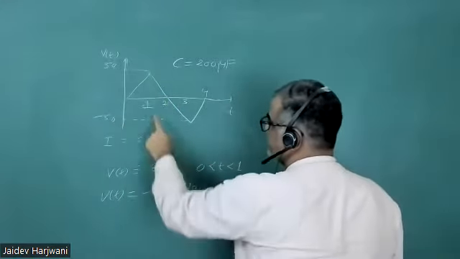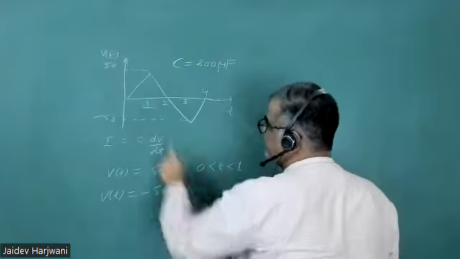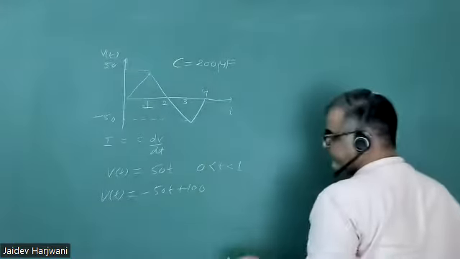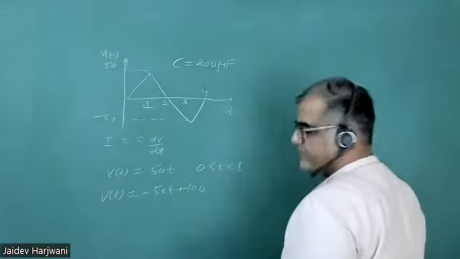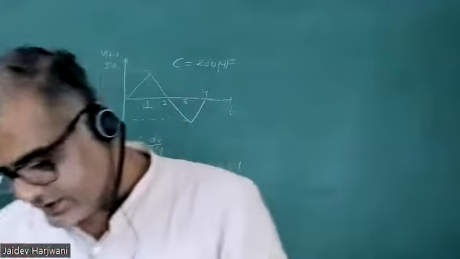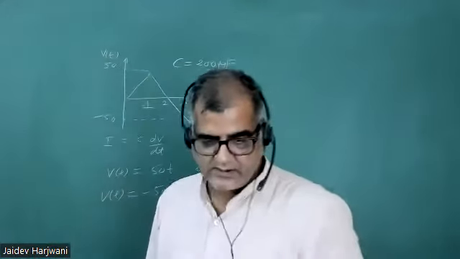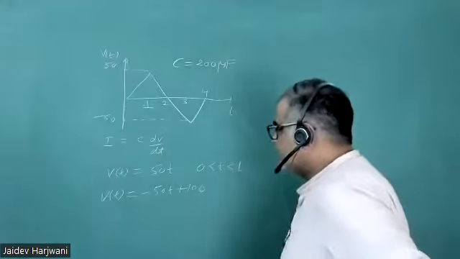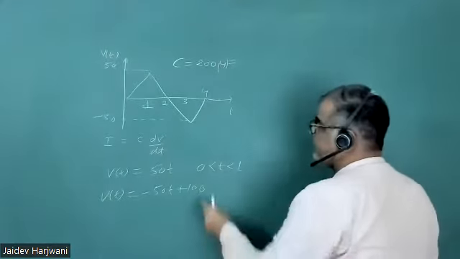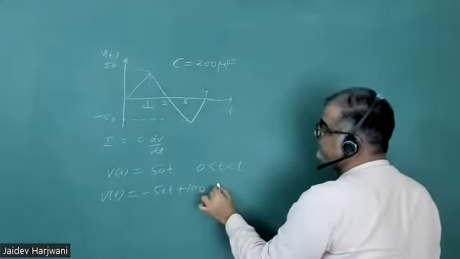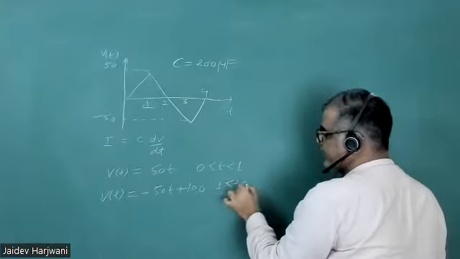If you put t equal to 1, then it should show plus 50. Then this equation is correct. So current comes out to be 10 milliampere for 0 to 1, minus 10 for 1 to 3, and 10 for 3 to 4.